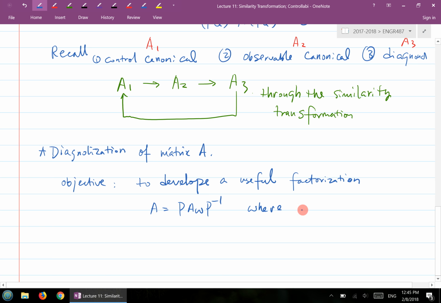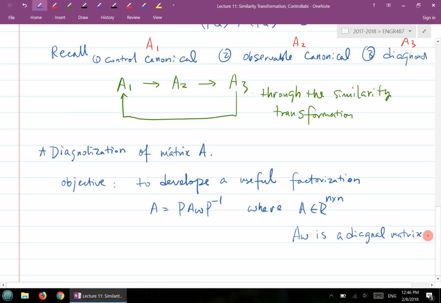In this expression, of course, the original matrix A needs to be an n by n square matrix. Once we find this, we can use this formula to calculate A to the power of k. And AW here is the diagonal matrix. That's a simple objective.